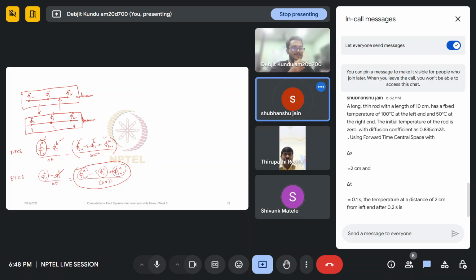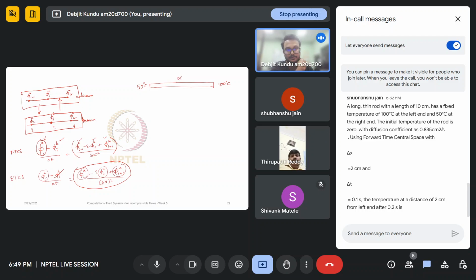Yeah, obviously. So we got stopped over here, so let's get back to your problem. I have a long rod like this, and everything starts at 0, and we have 100 degrees Celsius at one end and 50 degrees Celsius at the other end. These are Dirichlet boundary conditions, and we have a known diffusion coefficient as well.